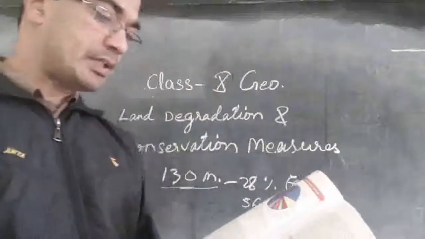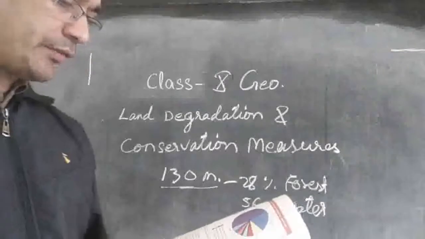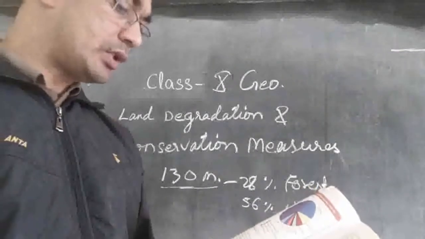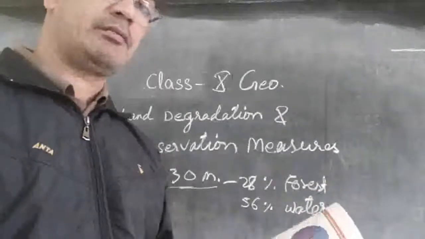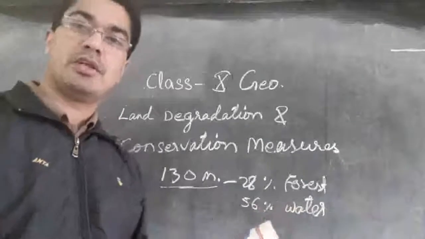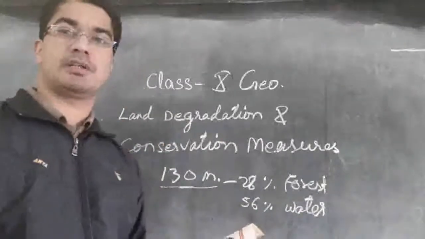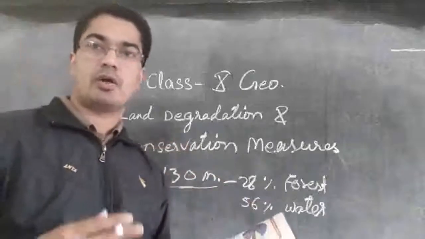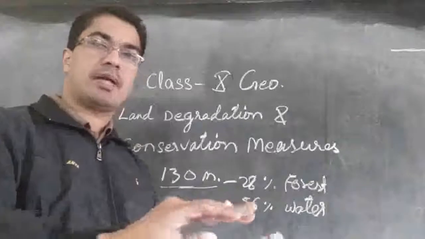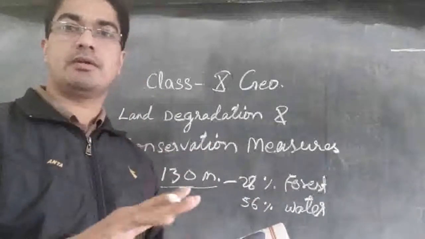Then mining sites are abandoned after excavation work is complete, leaving deep scars and traces of overburdening. So people are very selfish. They go for mining, they dig deep into the earth, and once they have mined out all the minerals in that area, they don't bother to cover it back again. They don't put back the mud into the holes and fill up the earth again.